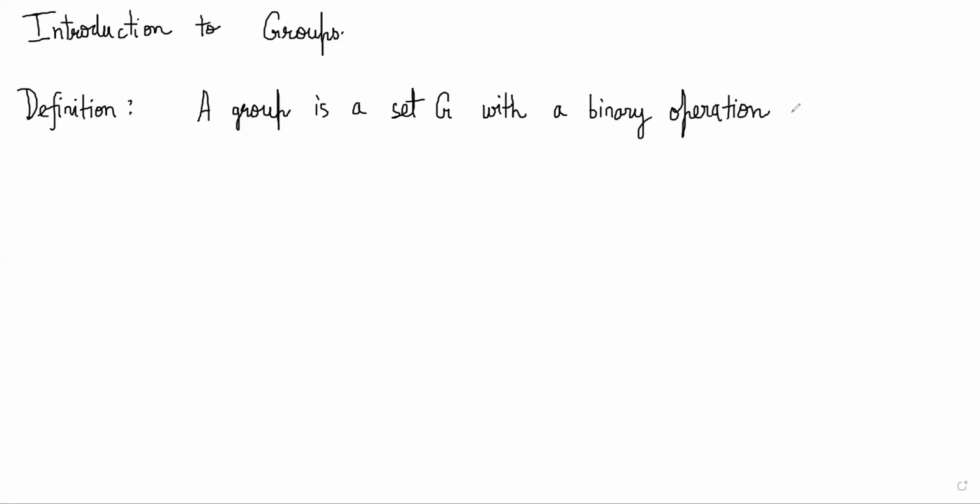A binary operation is an operation that acts on two variables. So when you do an operation, you operate on two variables. This operation is a binary operation. So a group is a set G with a binary operation, let's call it a dot, such that the following properties are satisfied.